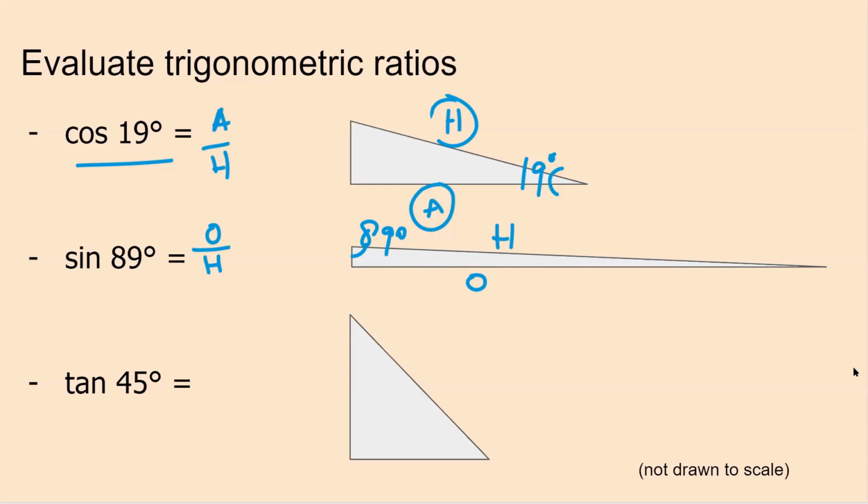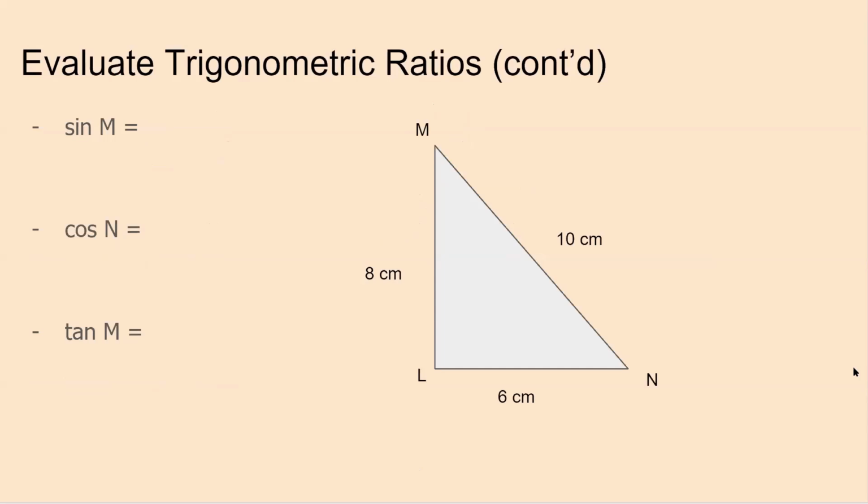And lastly, we're going to have the tan of 45. So we have 45 degrees over here. We just want to find the tangent of it. That would be opposite over adjacent, which is whatever value this is, divided by whatever value this is. All right, moving on. Now we're going to look at some angles.